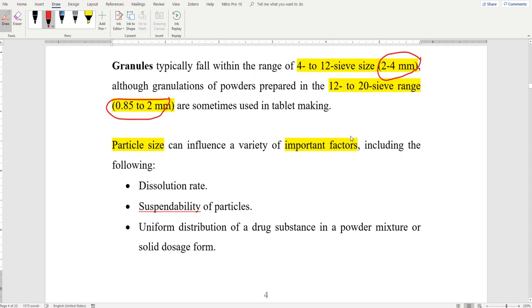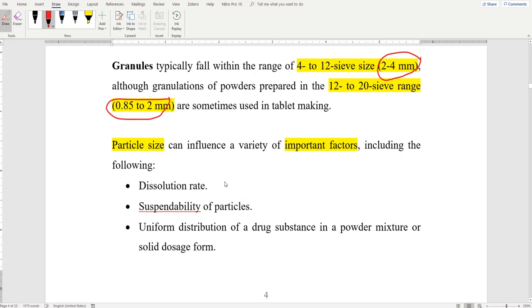One thing you should know: the smaller the particle, the larger the specific surface area of the powder, and the faster it will dissolve. And when the powder dissolves faster, this will allow the action to be faster.